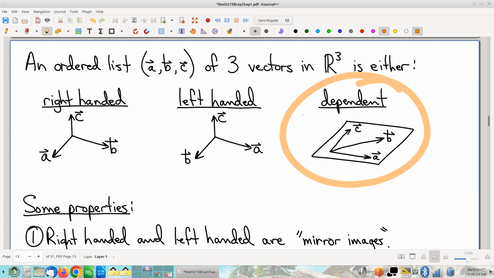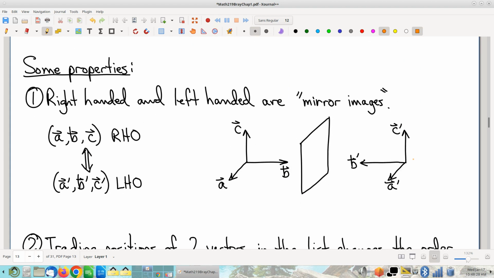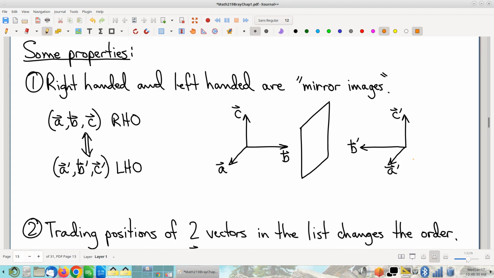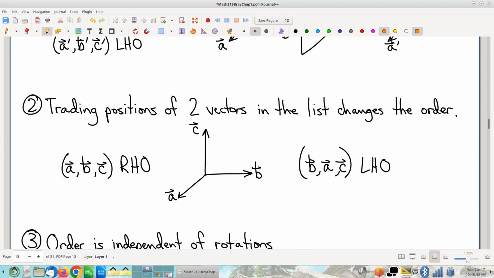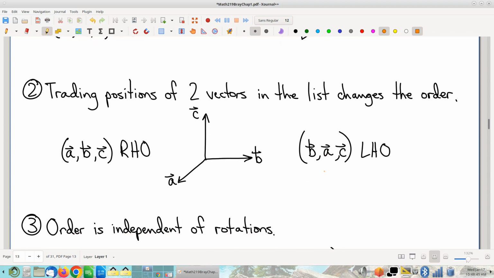Okay. I claim this is a 3D version of clockwise, counterclockwise. Notice it's got all the same properties. Right hands are mirror images of left hands. Right? Easily noted. Trading two of the vectors in the list changes the order from the one to the other. Now, this is one you have to just kind of walk yourself through.